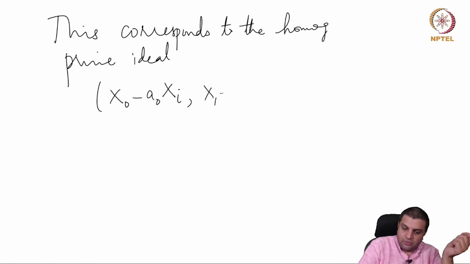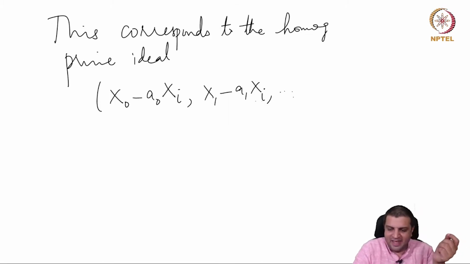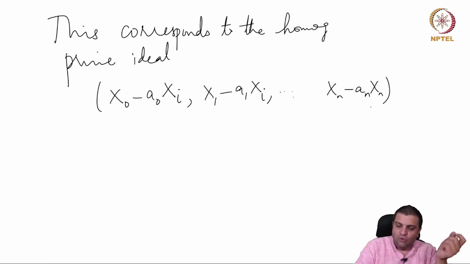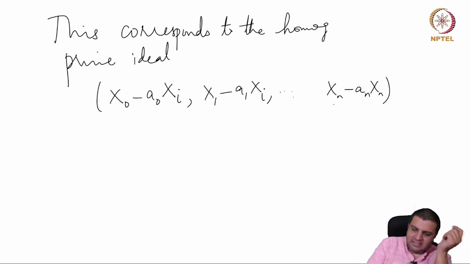Then x1 minus a1 xi, and so on. There will be no relation indexed by i, and finally xn minus an xi. There is no ai, so this still has only n terms in it, not n plus 1. And this is a prime ideal, as one can check.